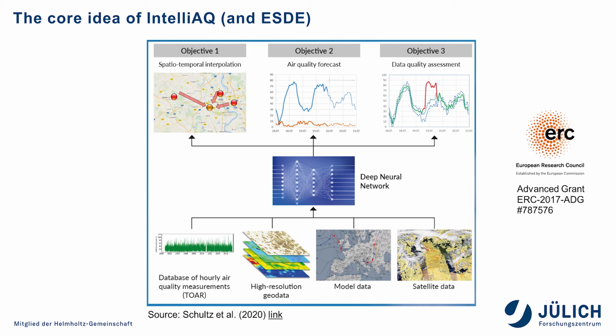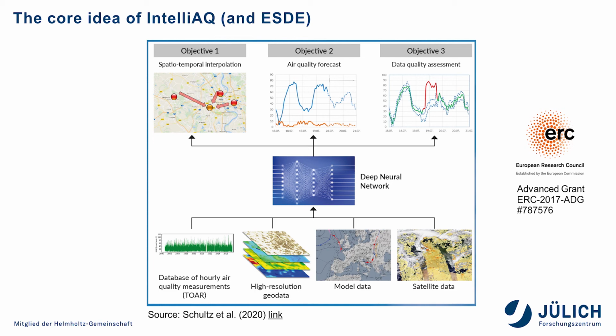And the concept of this project is really this fusion of different data sets and then developing new analysis methods, here depicted as a deep neural network, in order to do relevant Earth system science.